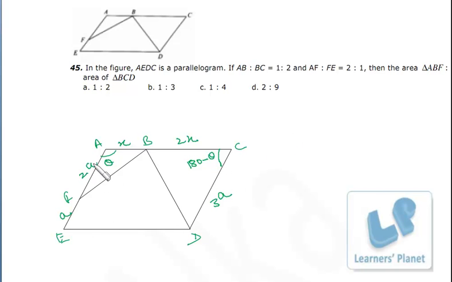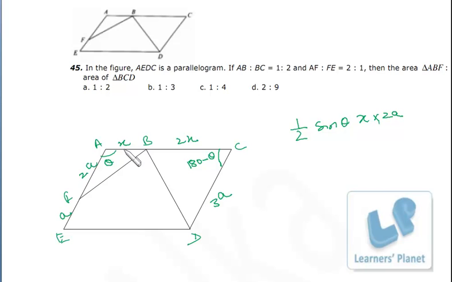Okay, so what is the area of triangle AFB? That is using sine formula, half sine theta into these two sides, right? Product of these two sides and sine of included angle, right? So it is half sine theta x into 2a. Okay, that is the area of triangle ABF, half product of the sides and sine of included angle.